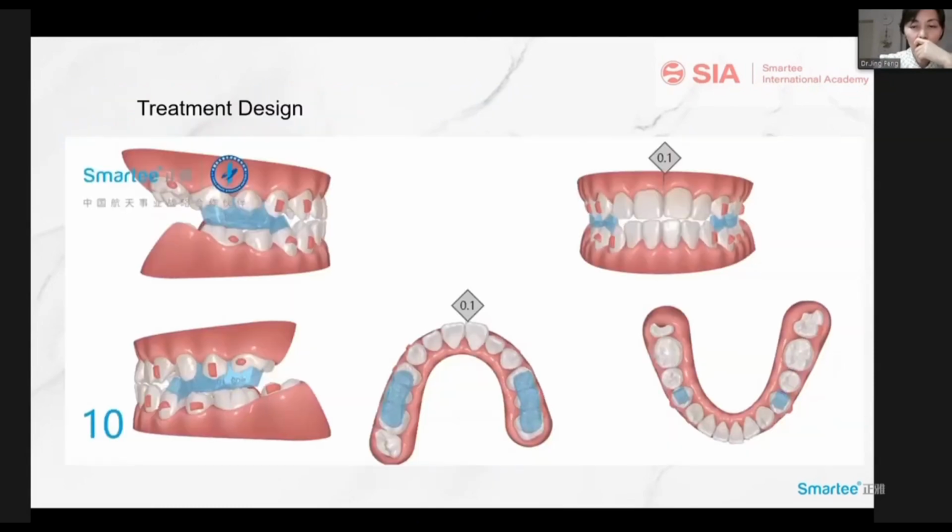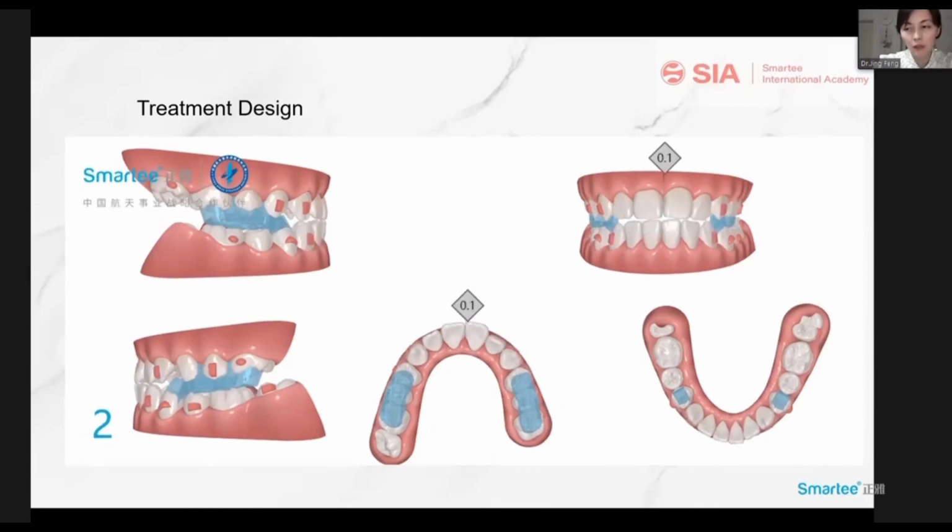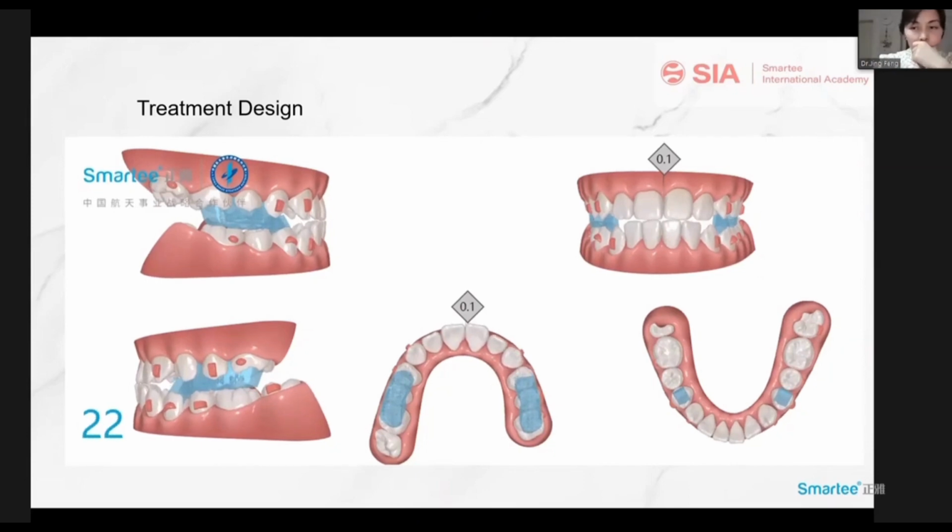So you can see we expand the upper arch mainly on the left side to relieve the guidance of the lateral.